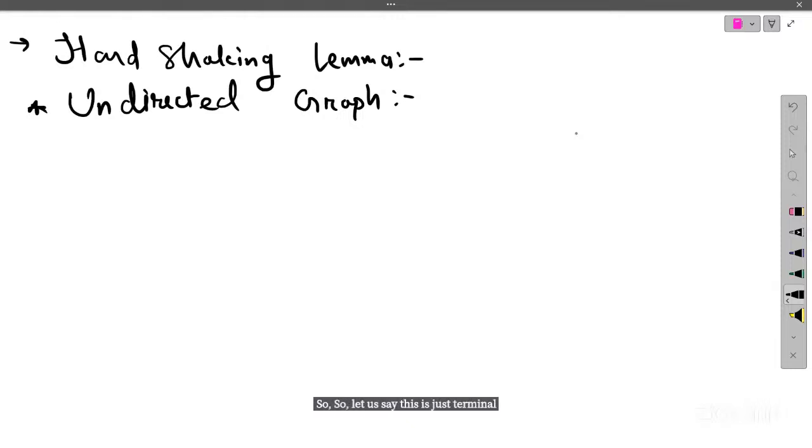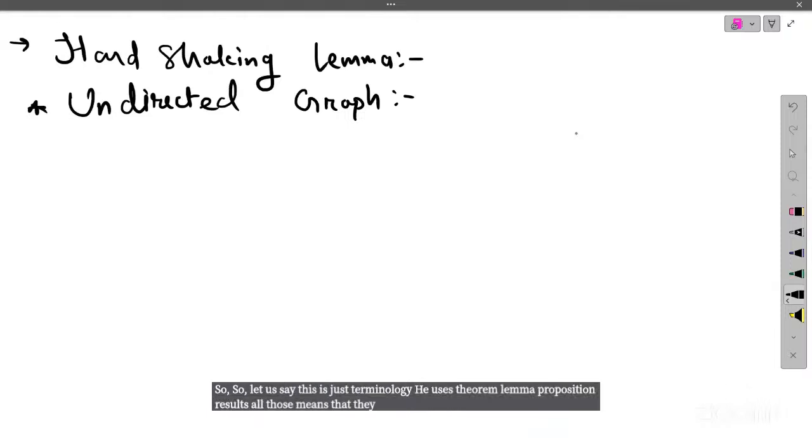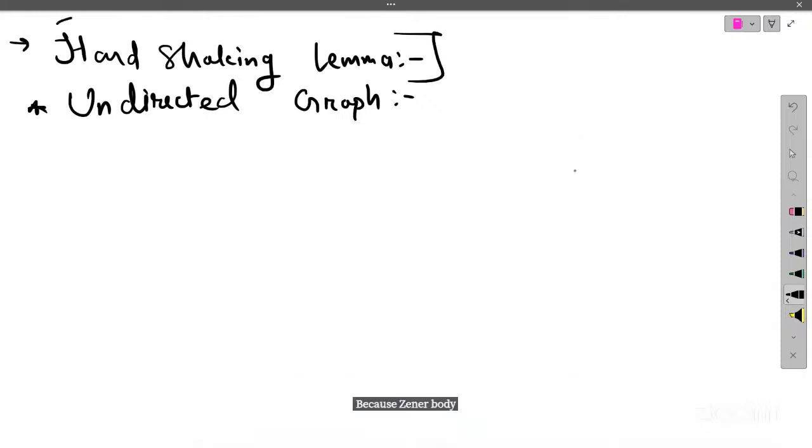They use theorem, lemma, proposition, result; all those mean that it is a well-known result. It's just that the professor has been using the name lemma for a long time.